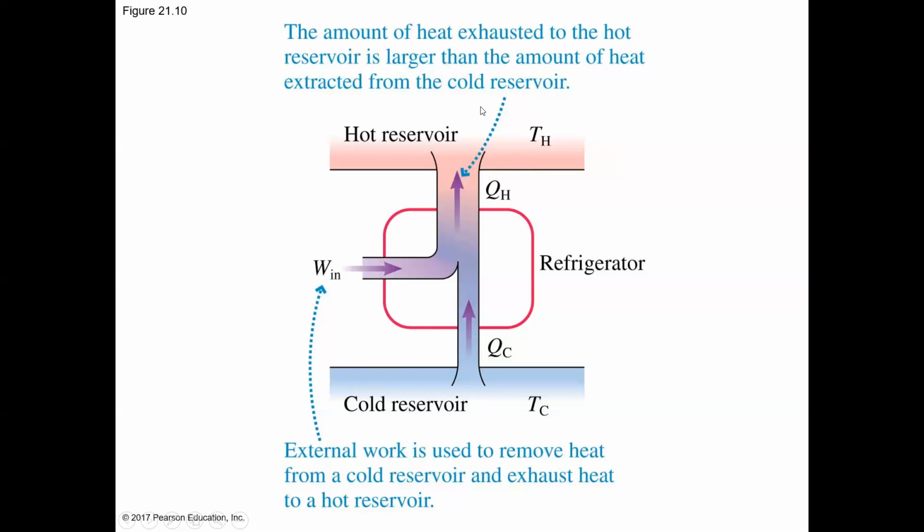That would be a violation of the second law. That's why you have to put work into the system to get that to happen. There must be an input of work. This is the electrical energy. If we're talking about your freezer, this is the electrical energy that you pay for from the power plant. You've got the thing plugged into the wall, and that's where the work in is coming from.